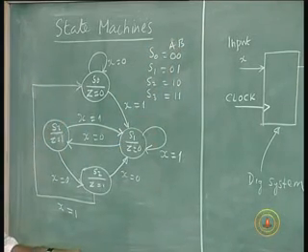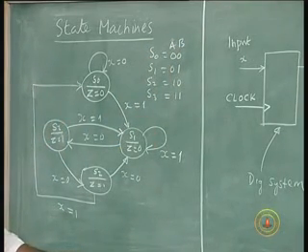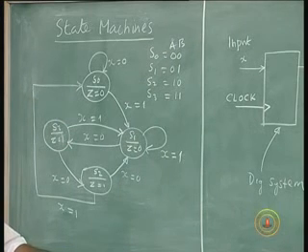When A and B are both 0, the machine is in state S0, and if at that time X is 0, it continues to remain in 00, giving an output of Z equal to 0. If on the other hand, when the circuit is in 00 and the input happens to be 1, it goes to state S1, which is defined by the state 01, giving an output of Z equal to 0 again, and there again X is tested.